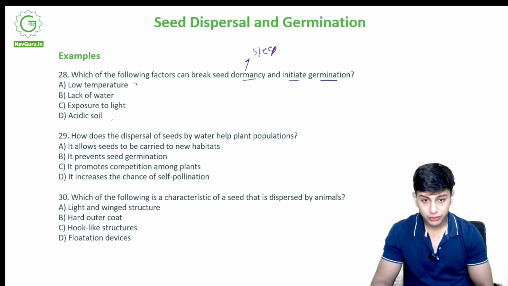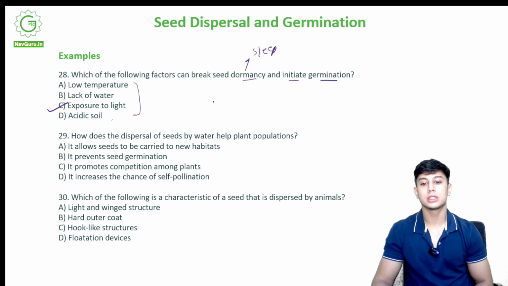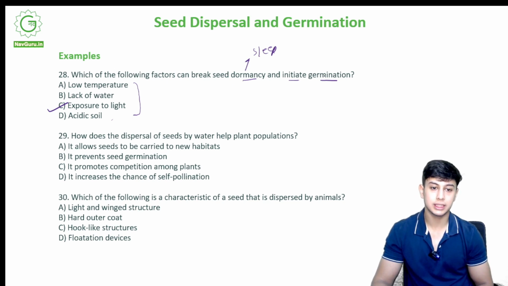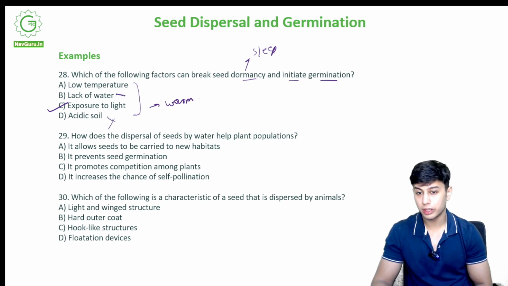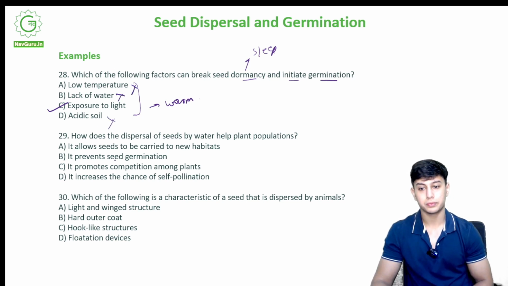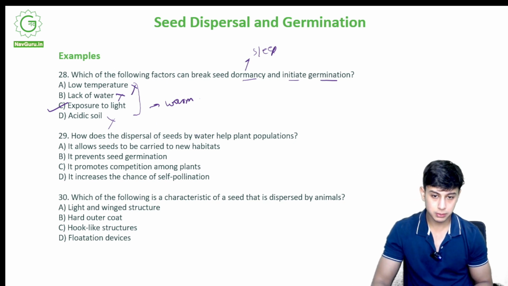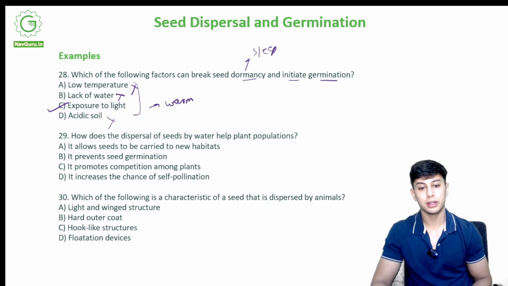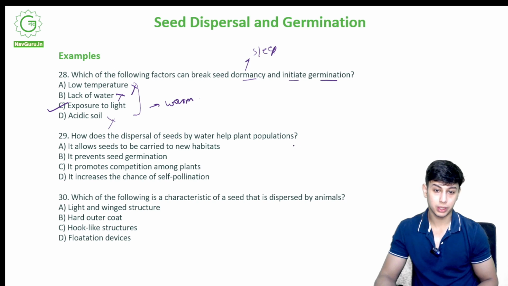Out of all of these, only exposure to light can initiate germination, meaning it will warm the soil. Acidic soil, no. Lack of water, no. Low temperature, no.